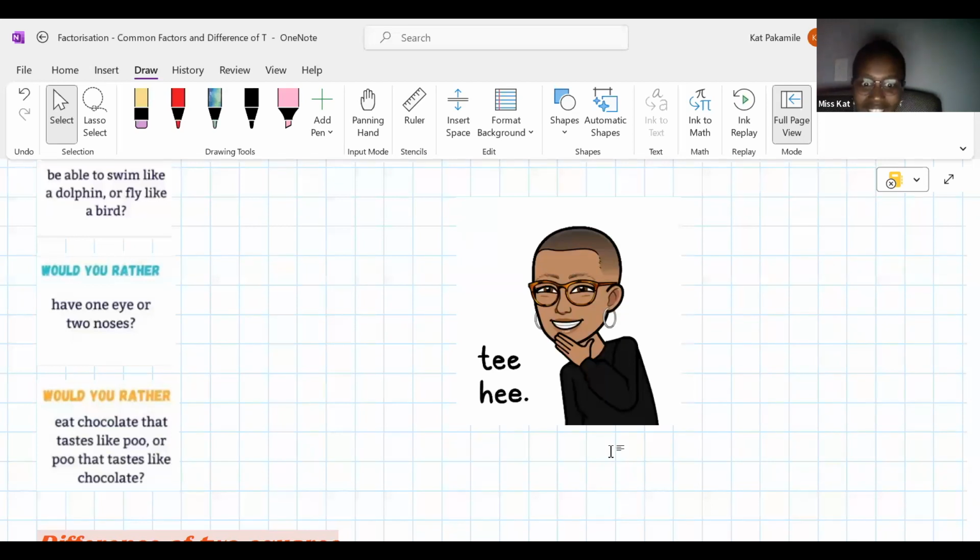Guys, I don't care how it tastes, it's still poo. I would rather eat the chocolate. Abisha, what do you say? Ma'am, I will also eat the chocolate. Exactly. Guys, we are eating the chocolate.